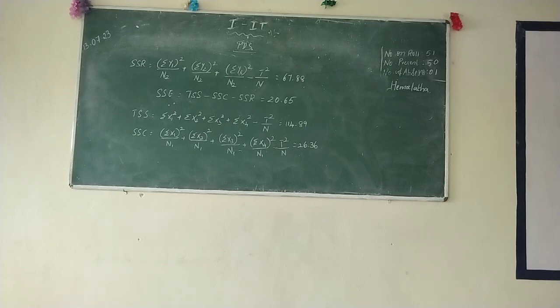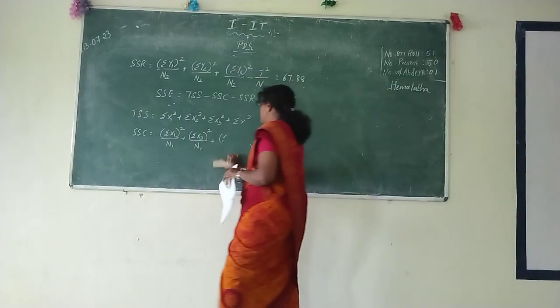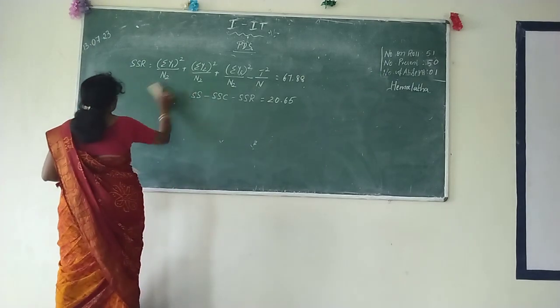Right, ANOVA table. First column source of variation. Second column sum of squares. Third column degrees of freedom. Fourth column mean sum of squares. Fifth column F ratio.